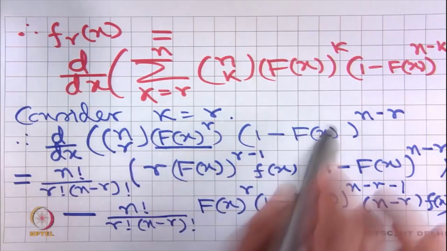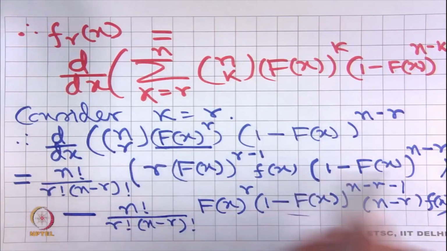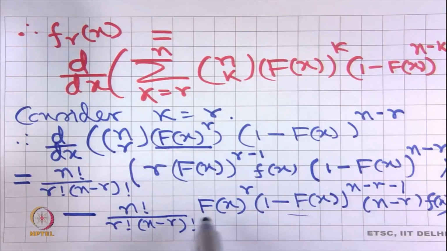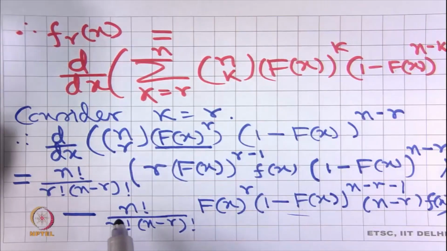Thus, we get two terms, one is the first part and the other is the second part, which is actually becoming a subtraction.